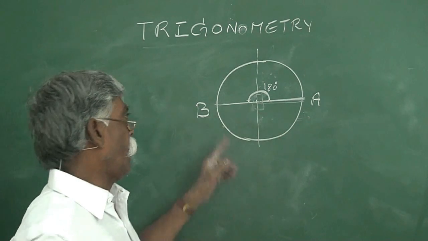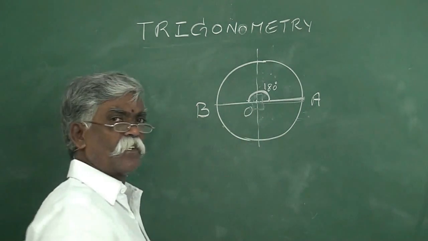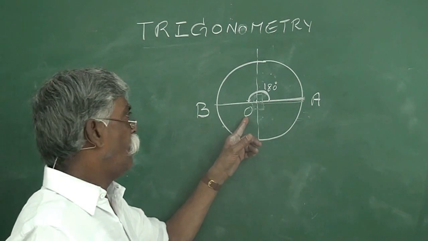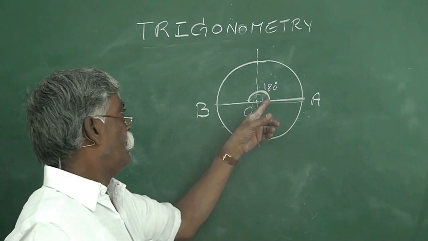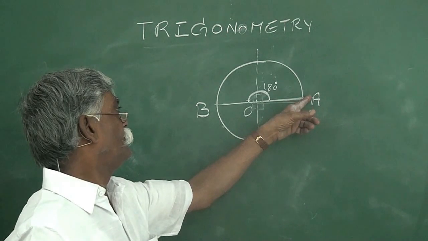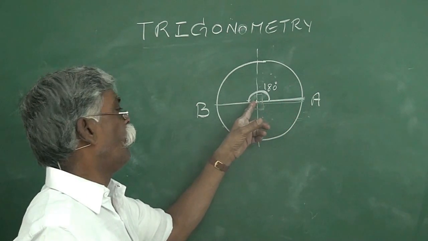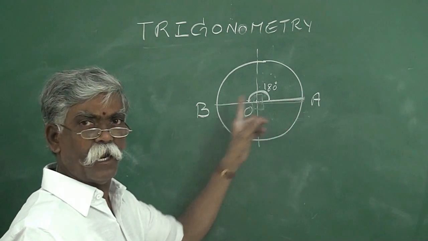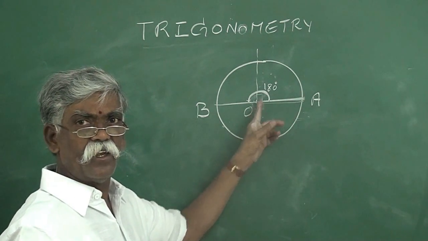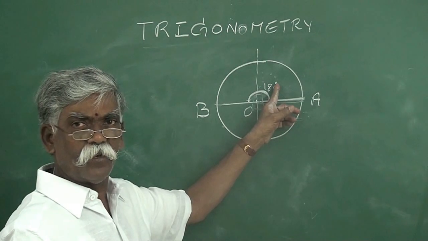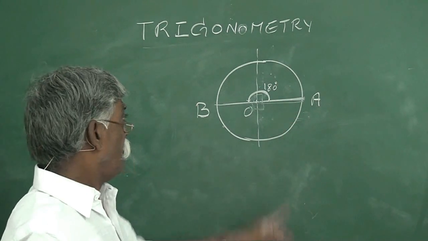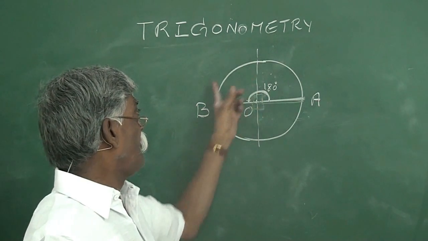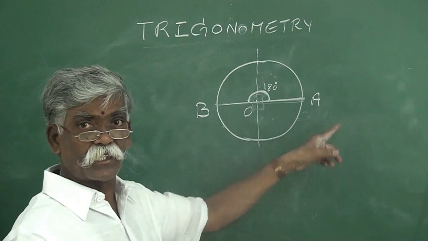So when A and B are the ends of the diameter of a circle of center O, then this angle AOB, or the angle subtended by the arc AB at the center of the circle, in sexagesimal system is equal to 180 degrees. The same angle in radian measurement is length of the arc AB by radius of the circle.